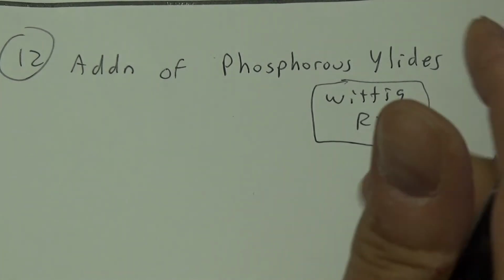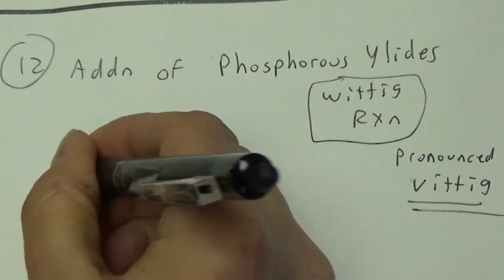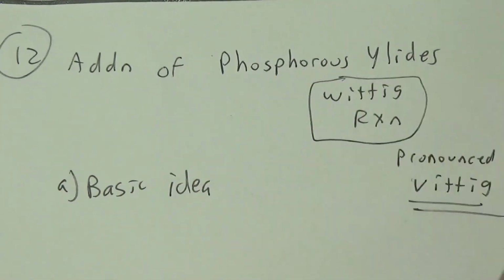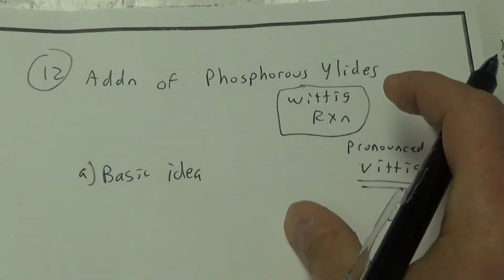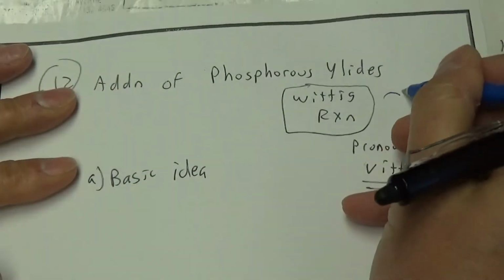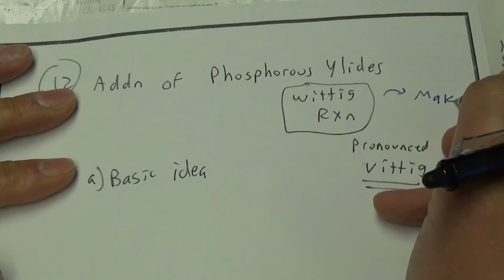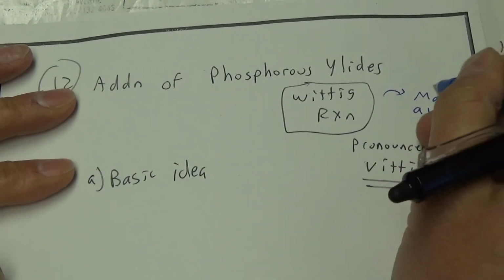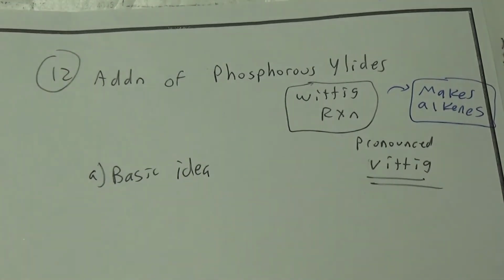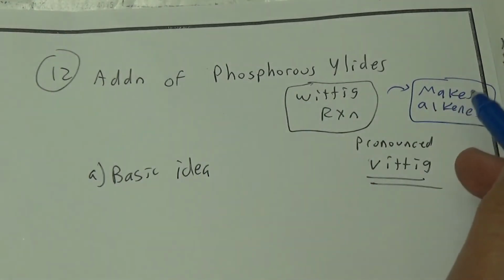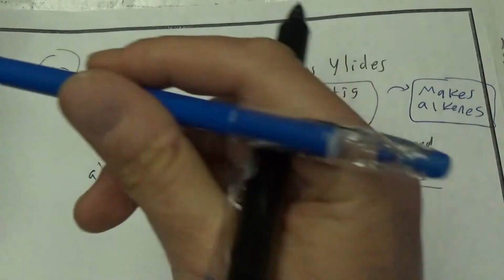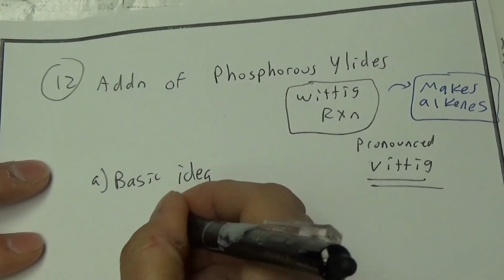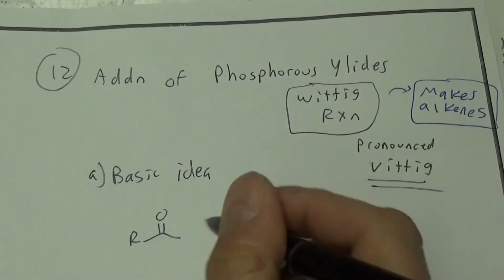All right. So the basic idea is this. Right off the bat, this is a way to make alkenes. It's a really cool and unique way to make alkenes through a nucleophilic reaction. We've got a ketone or aldehyde, that's our theme of this chapter.